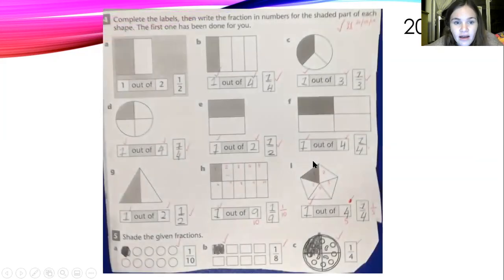So here we have another assessment. I know she did this independently, and you can see here she's done quite well. So there's two errors here where she has made the mistake of, she's put her denominator as 9. So she's counted the white squares. So there's an error in understanding the denominator.